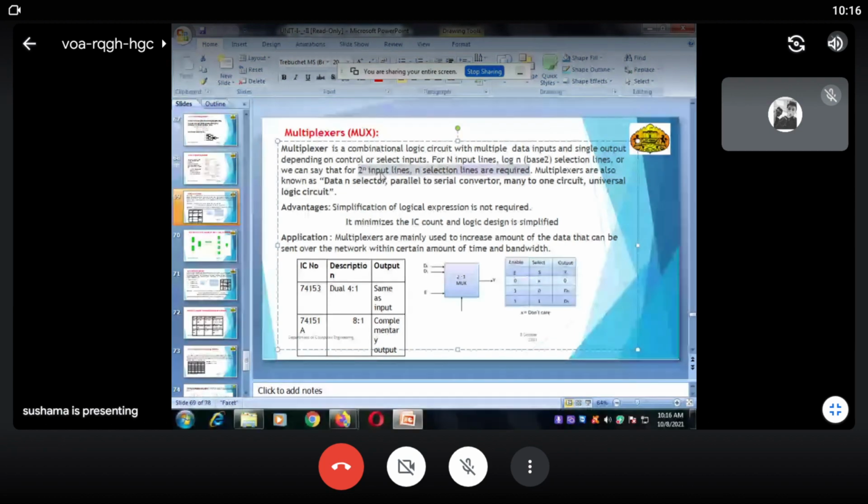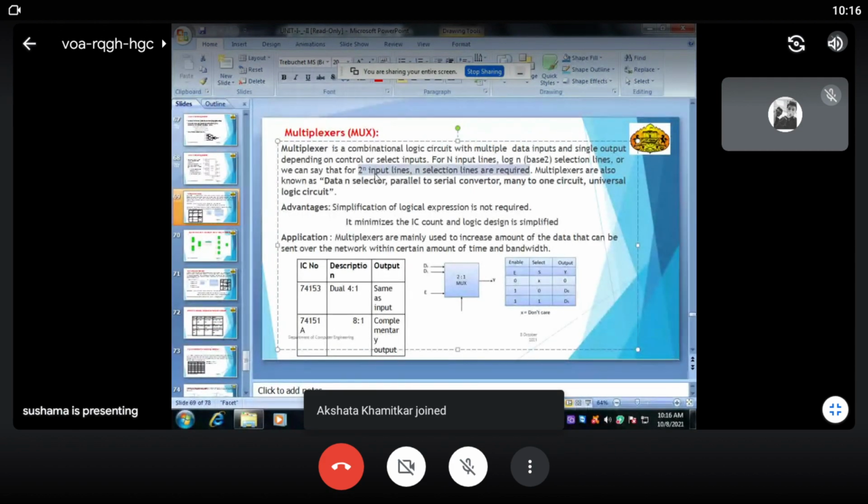If n is equal to 3, what will be the input lines? 8. Number of inputs, 8. If n is equal to 4, then what will be the input lines? 16. Very good. 2 raised to 4 is equal to 16.